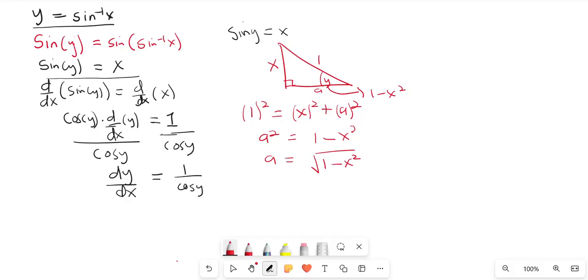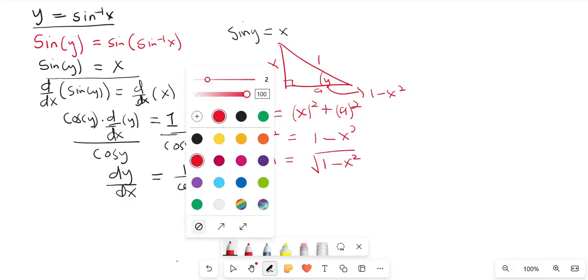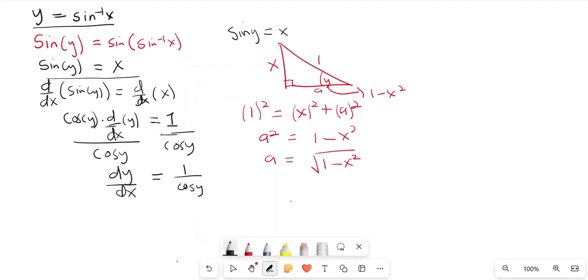With that, we can find the cosine of y now. Cosine of y is equal to adjacent over hypotenuse. We now know the adjacent is the square root of 1 minus x squared, and the hypotenuse is just 1, so cosine of y is equal to the square root of 1 minus x squared.